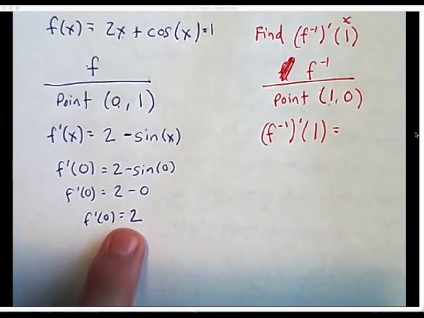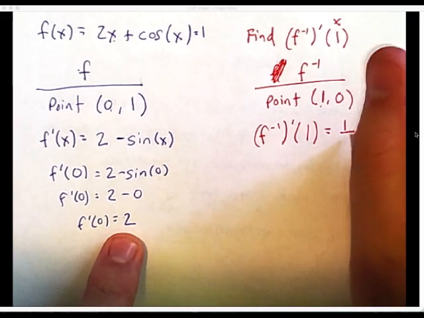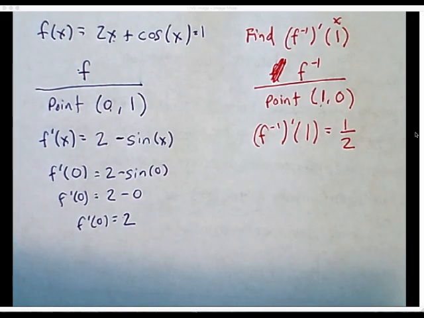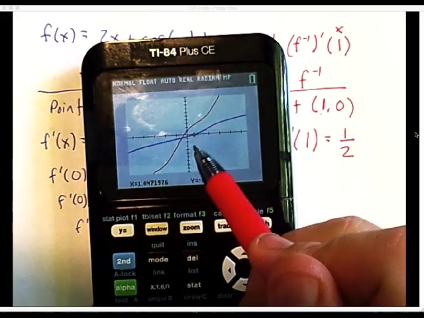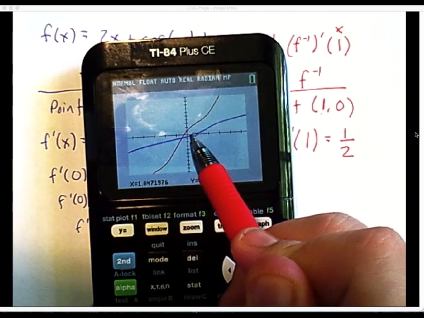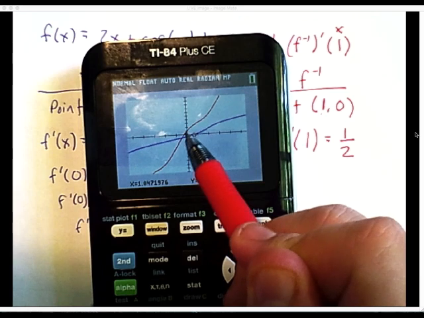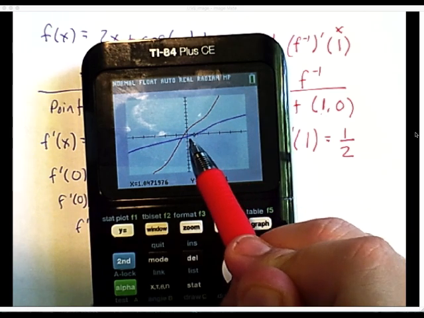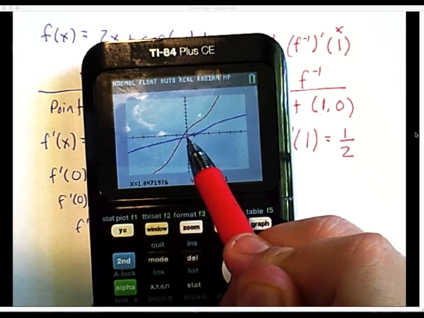It's the reciprocal of this. The reciprocal of 2 is simply 1/2. So if I drew a tangent line right here, that tangent line would have a slope of 1/2. But right there it's 2 on the original function, it would be the reciprocal, 1/2 on the inverse function.